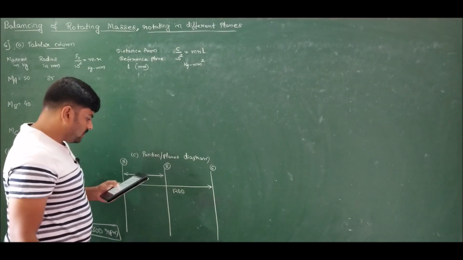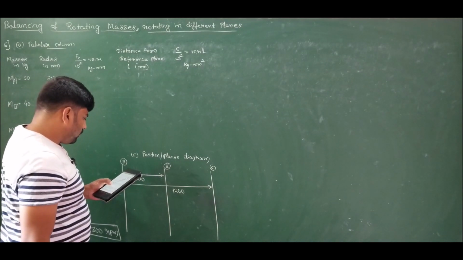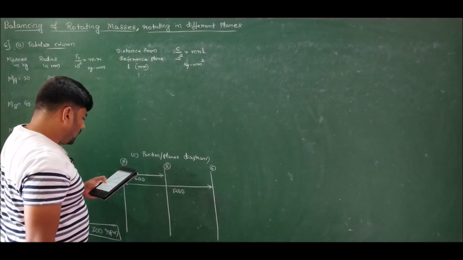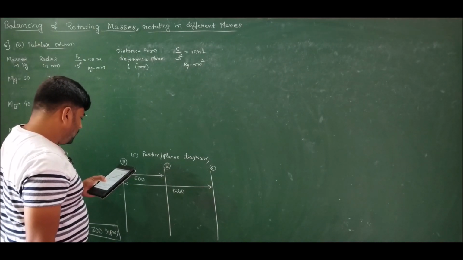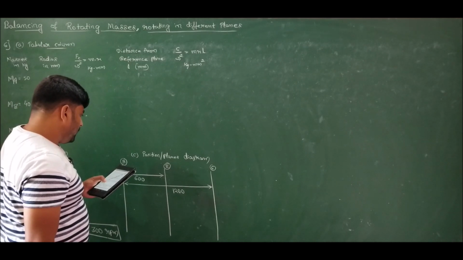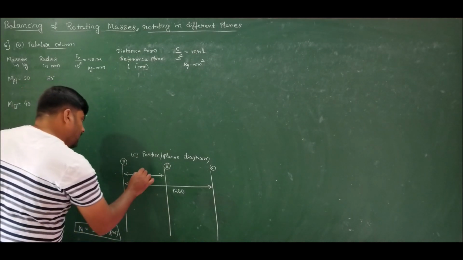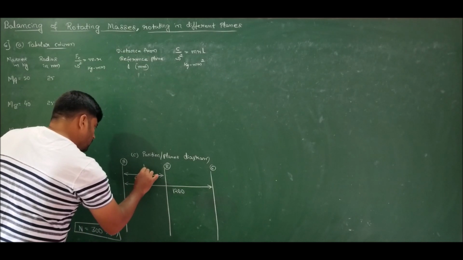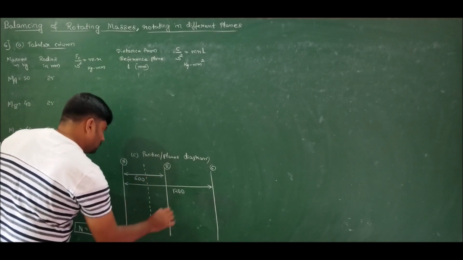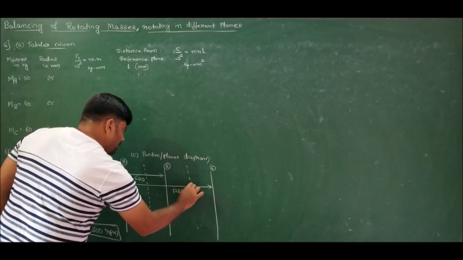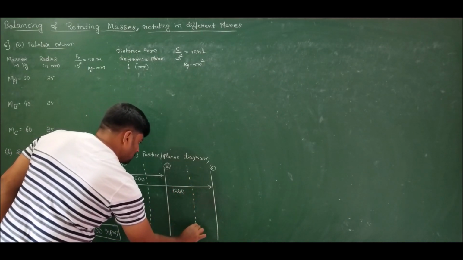Also find the position and magnitude of balancing masses required at 100 mm radius in planes L and M between the planes A and B and between B and C. So between A and B we have a balancing mass plane, and between B and C we have another balancing mass plane.